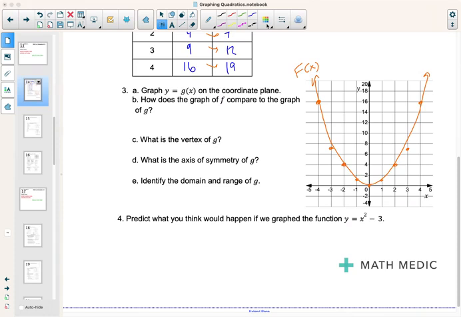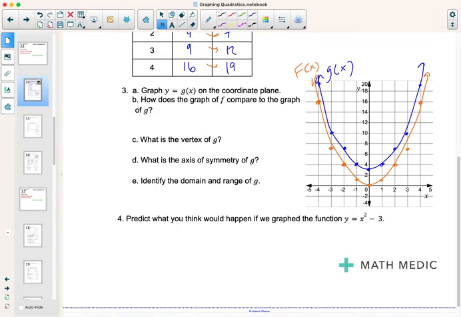And then in blue here, the g of x. So the g of x is the blue one.